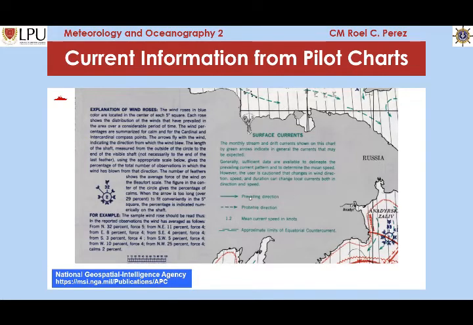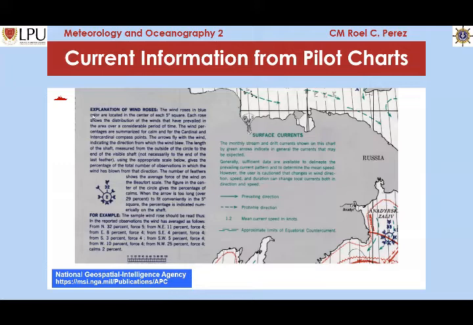Okay, so the arrow is the prevailing direction, the thick arrow or arrow in bold. And then the broken line is the probable direction. The number is the mean current speed in knots. And this double broken line is the approximate limits of the equatorial countercurrent or countercurrent.